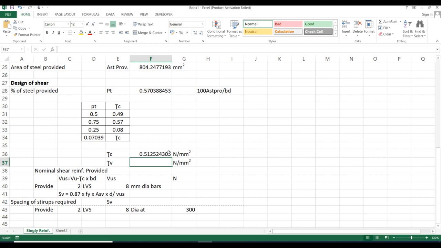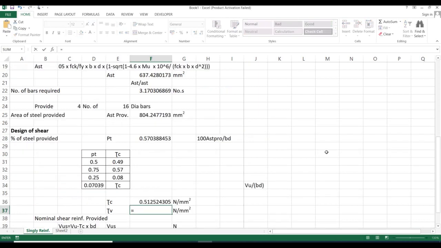Tau v can be calculated as Vu by B into D, right? Using this I can calculate the tau v. So our Vu is what? He has given 100 kilonewton.